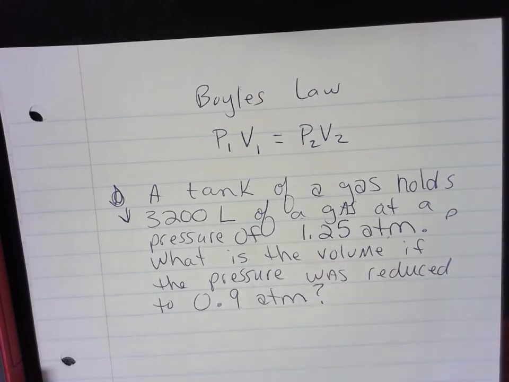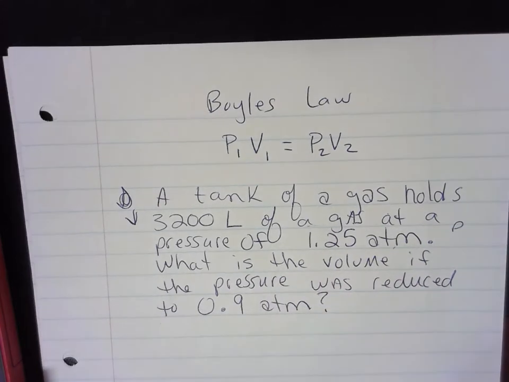Okay, so you're using this P1 V1 equals P2 V2. Just like before on the concentration dilution problems, the only thing that you can do wrong here is getting your P1 mixed up with your V2 or whatever. So again, I'm just going to use my little box thing.